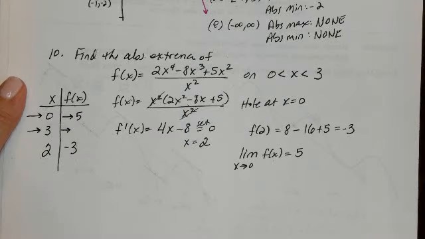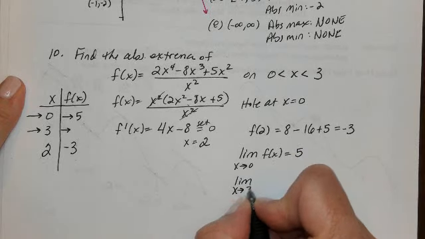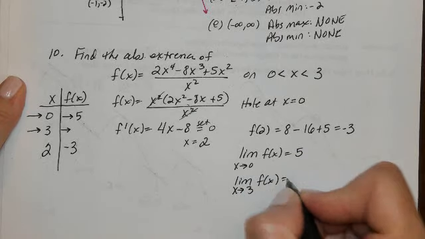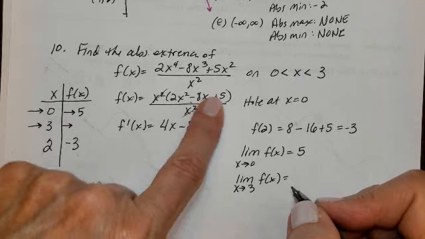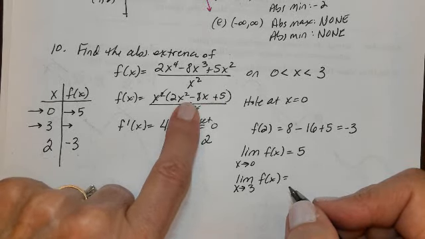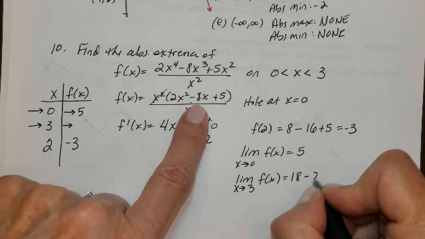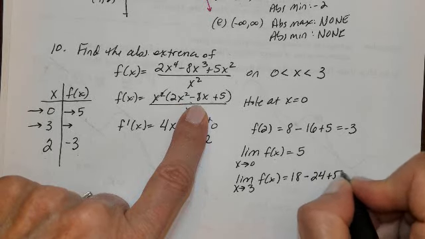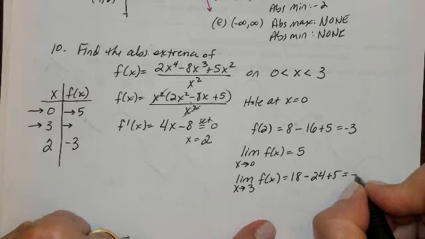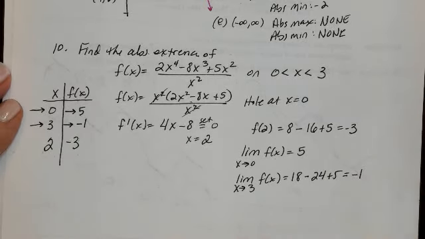It'll never get there, but it's going to 5. And this last one, x is going to 3. Once again, I'm going to be putting it up here because if I put 3 here, they'll just cancel out. So put it right here. So 2 times 9 minus 8 times 3 plus 5, and that is a negative 1. So we're going to negative 1.